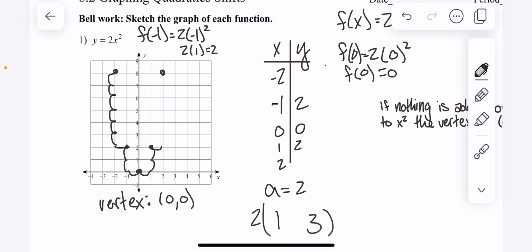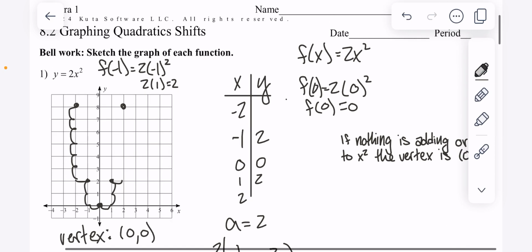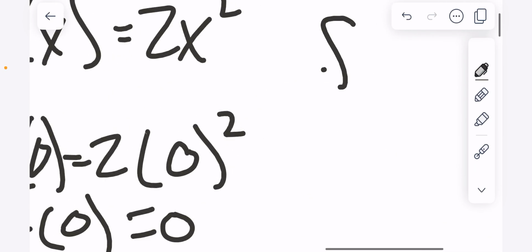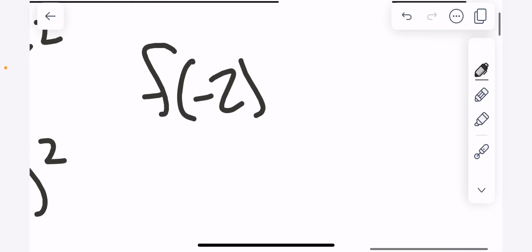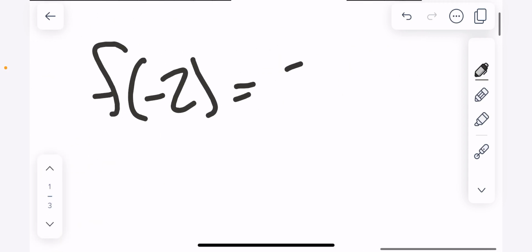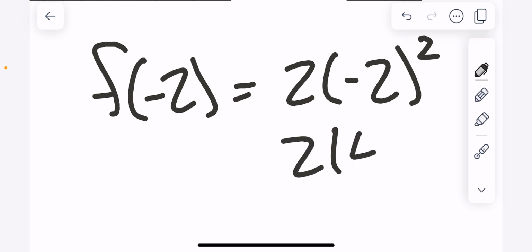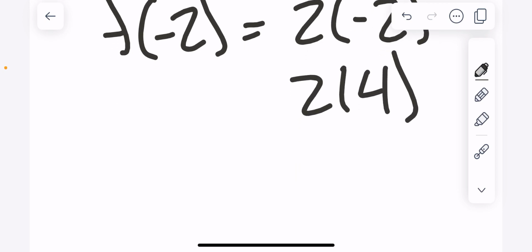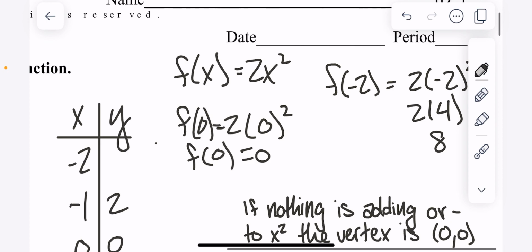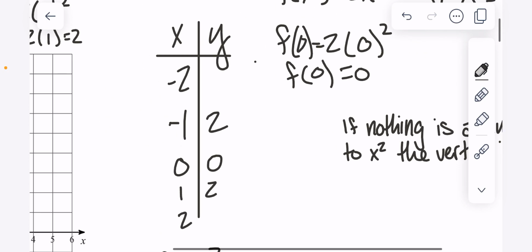All right, we would see that same thing if I plugged it in. If I plugged -2 in, I would get f of -2 equals 2 times -2 squared. Well, -2 squared is 4, and 2 times 4 is 8. Okay, and that would happen for +2 as well.